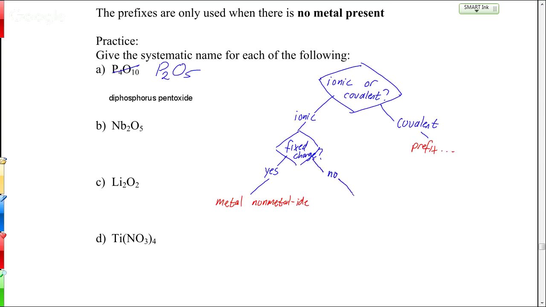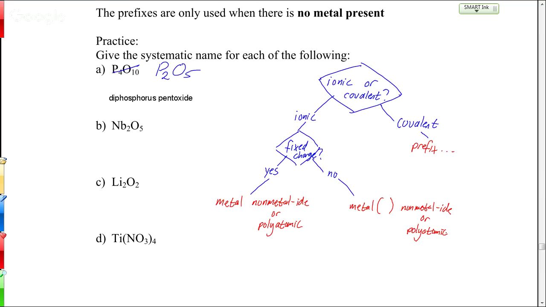If it's not a fixed charge, then we have metal with parentheses, nonmetal-ide. We should also say or the polyatomic ion. So it's either the nonmetal-ide, like chloride, sulfide, or the name of the polyatomic ion, like sulfate or nitrate, that kind of thing.